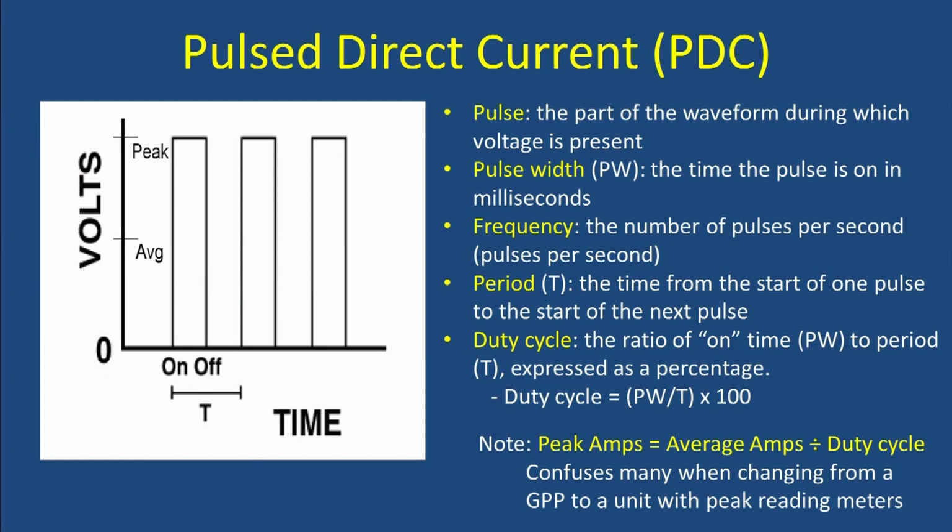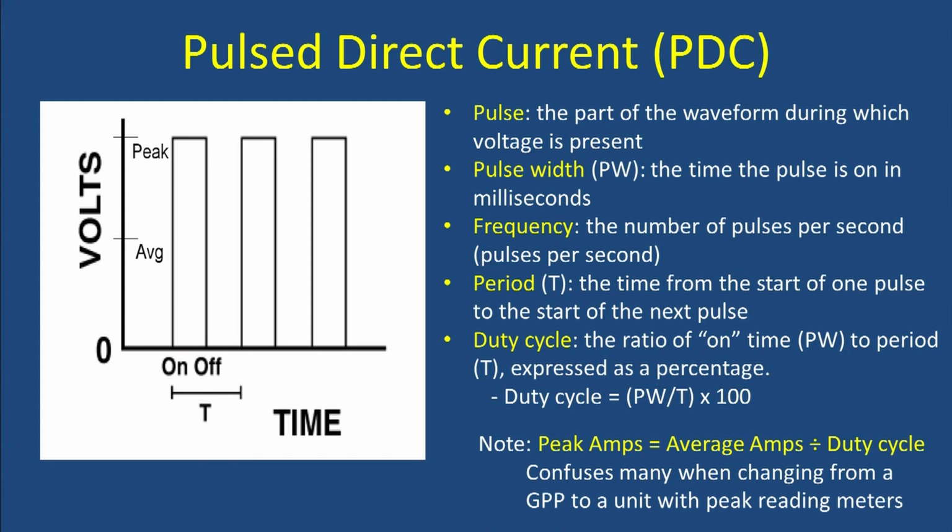So scope meters measure voltage, but amperage is doing the same thing in the background. So peak volts up on the top of the waveform, peak amps. That's what fish are reacting to. That's what we're concerned with. That's what we want our meters to be reading as peak volts or peak amps.